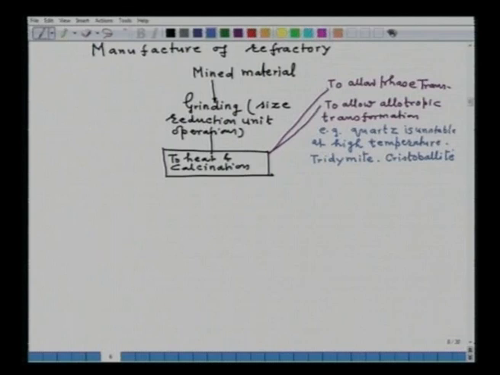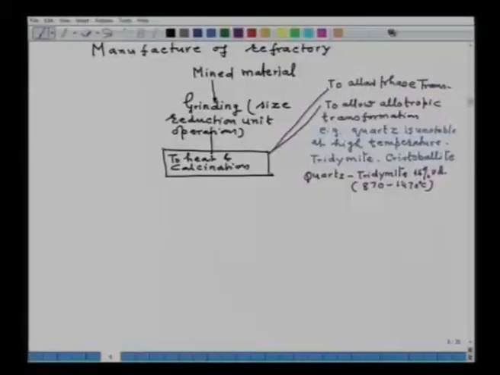Now, quartz to tridymite, this particular transformation is accompanied by a 16% volume change. That means there is an increase in volume, and this transformation occurs between the temperature range 870 to 1470 degrees Celsius.